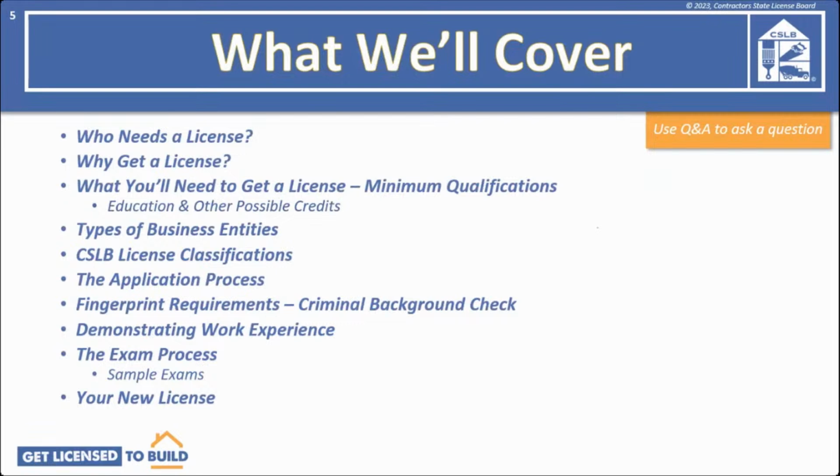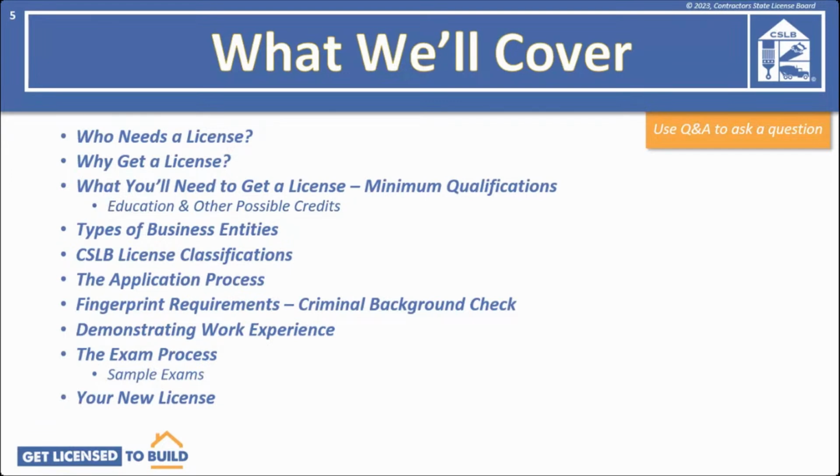Here's a list of what we are going to cover today. We will take you through the process for applying for your California contractor's license. First, who needs a license? Why get a contractor's license? The minimum qualifications you'll need to get a license and what credits you might qualify for. The types of business entities, the different CSLB license classifications, including our new B2 residential remodeling classification.